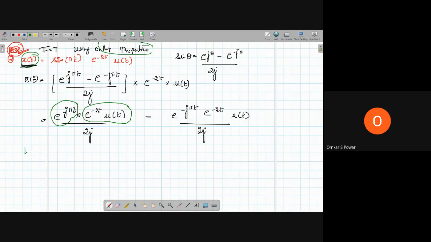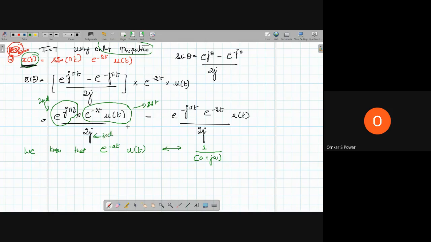So we know that the Fourier transform of e power minus at u of t is nothing but 1 by a plus j omega. So this is your Fourier transform. Now first I will take this one, then I will take this one second, and third I will multiply this one by 2j.